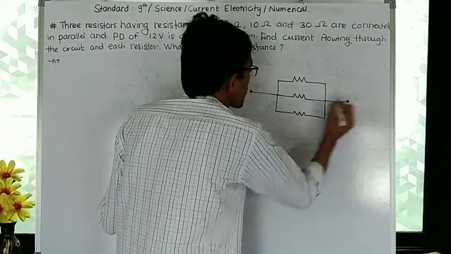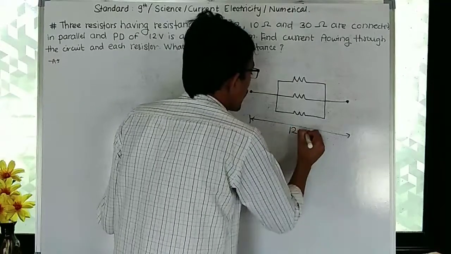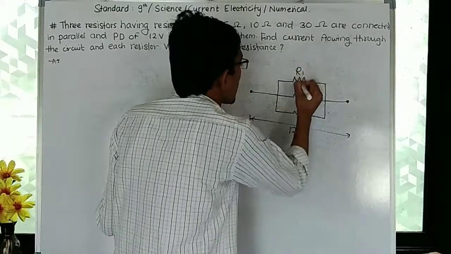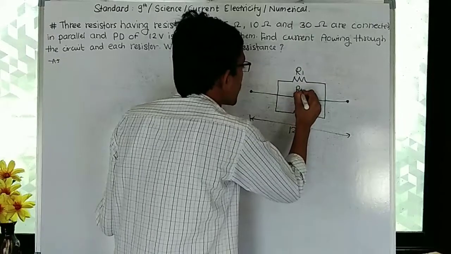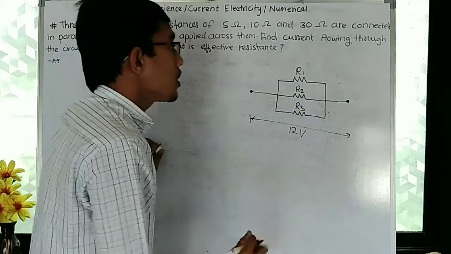The potential difference across them is given as 12 volt, and the value of R1 is 5 ohm, R2 is 10 ohm and R3 is 30 ohm.